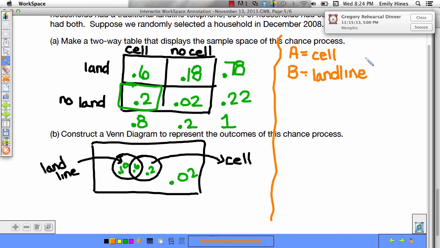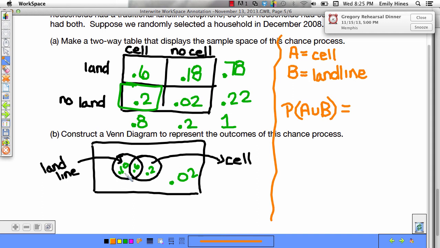The first question on the notes wanted to know the probability that the household has at least one of the 2 types of phones. At least one, so that's basically cell, landline, or both. That would be the probability of A or B. Because they're already in percentages, these are basically probabilities, so I do not have to put them in fractions.